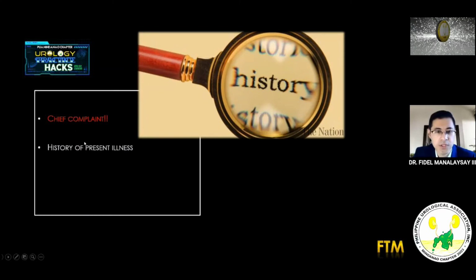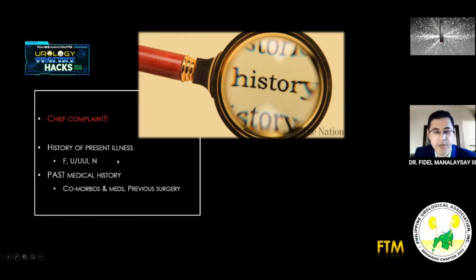After which, we determine the history of present illness, specifically eliciting presence of frequency, urgency, urinary incontinence, or nocturia. In the past medical history, it's important to ask the patient about comorbidities and medications which may affect our present illness and the complaint of the patient.